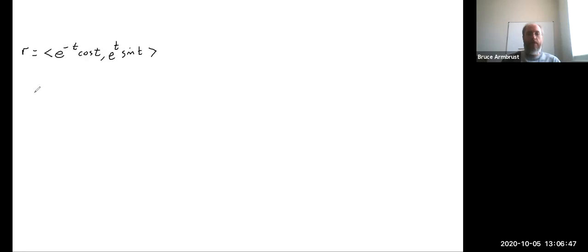We have some formulas for finding the normal and tangential portions of the acceleration, right? And so we might as well make use of those, and they involve V and A. So remember, V is R prime. So we can go ahead and get that guy real quick.